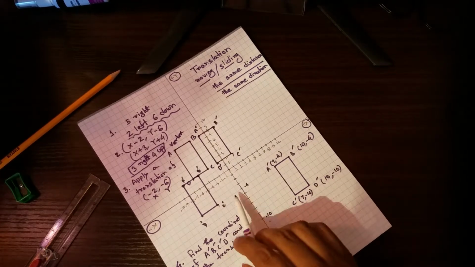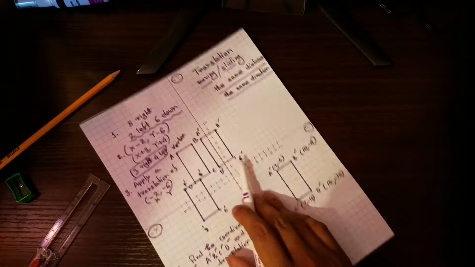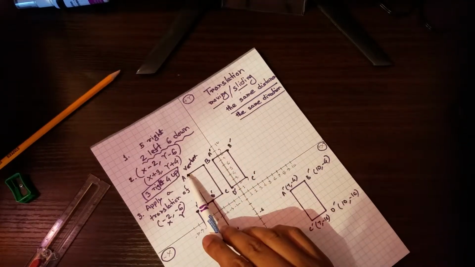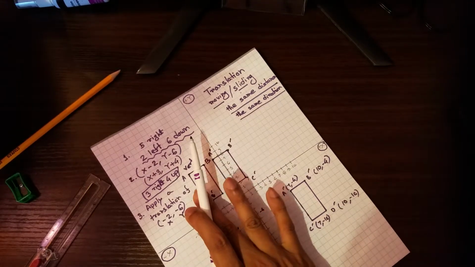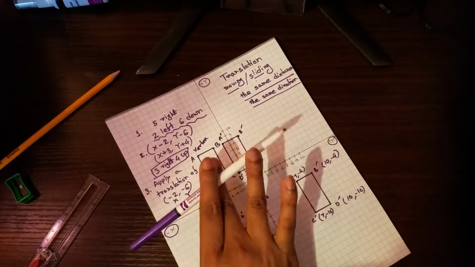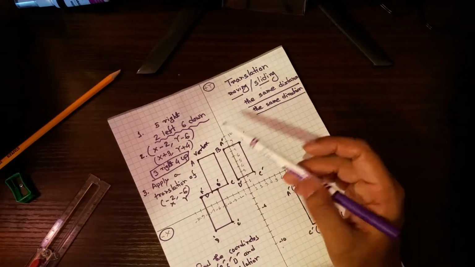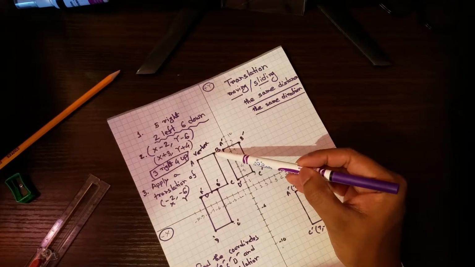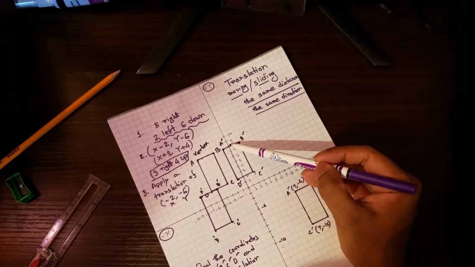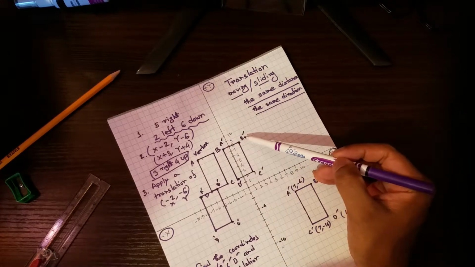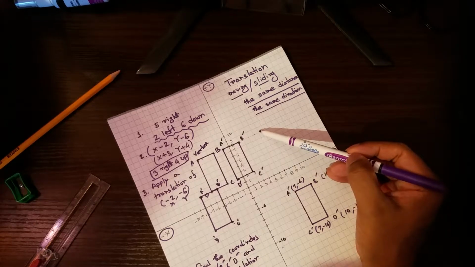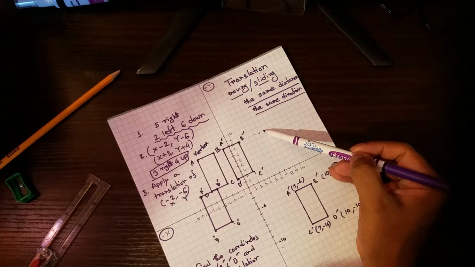So now you have to find out what is the translation that happened here. So remember, this is your original image, and first thing you have to move to the right. So let's see how many units. So 1 2 3 4 5 6 7 8 9 10 11 12 13.